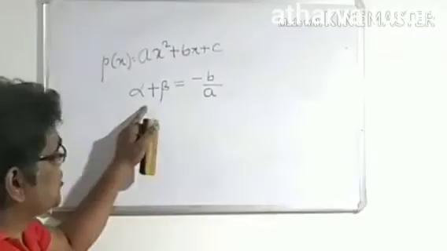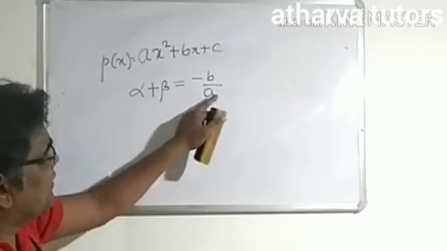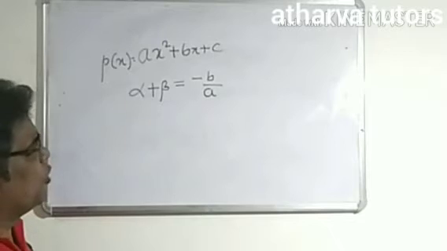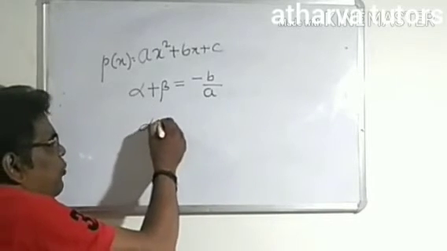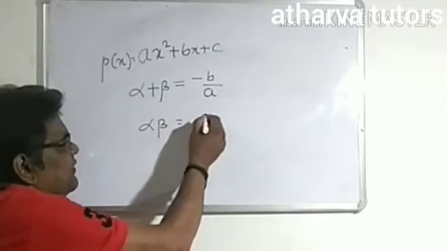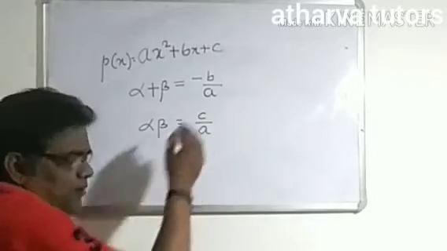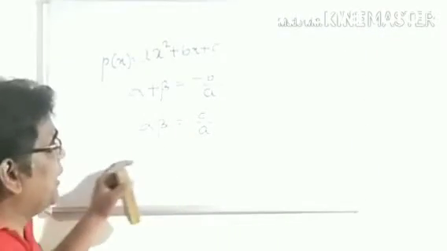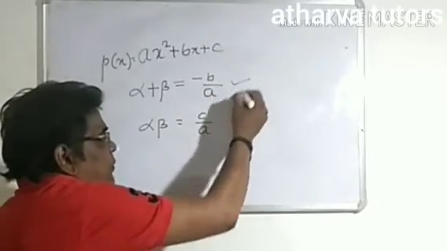This is the relation between the zeros and the coefficients. And the product of zeros is c upon a. So this you have to remember.